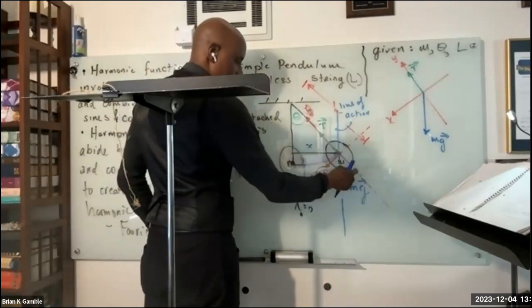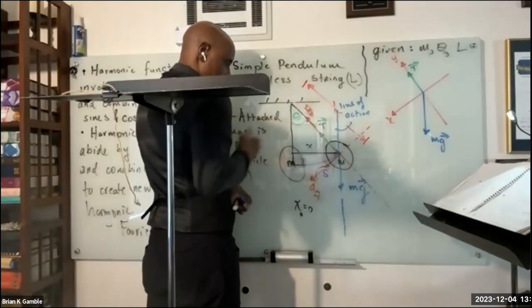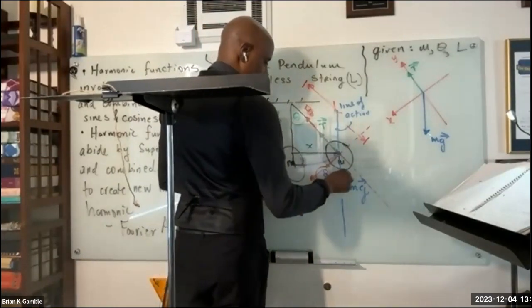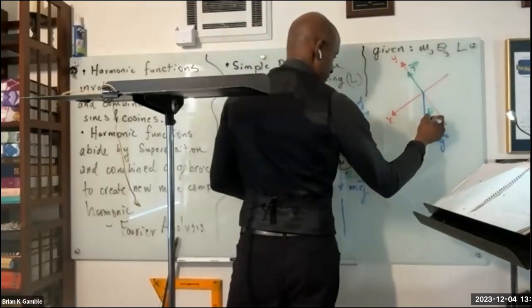If this is theta, that's also theta right here. Which is nice because that allows me to resolve my gravity. That's theta right there, and so this angle here is theta.